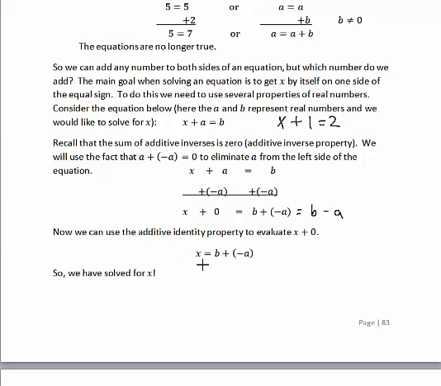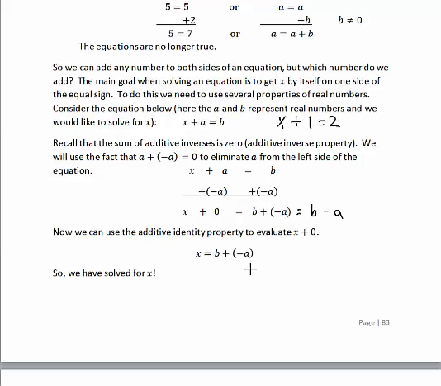So a lot of things can be concluded from this general example. To solve for a variable, you simply have to isolate that variable. So you want to get the x by itself equal some number on the opposite side of the equation.